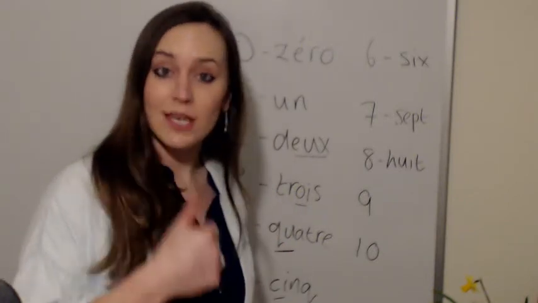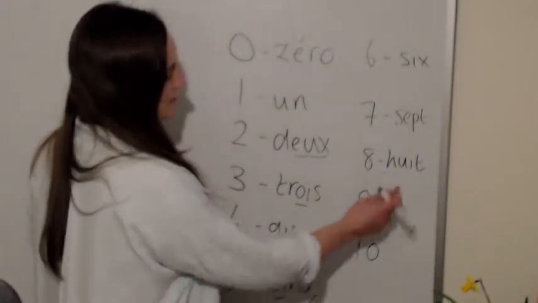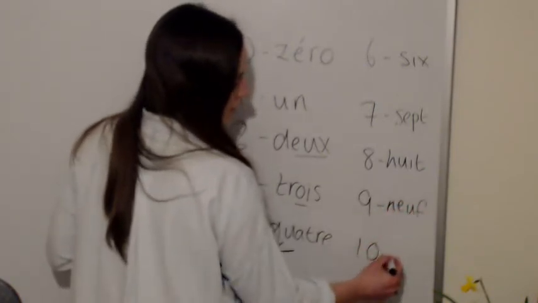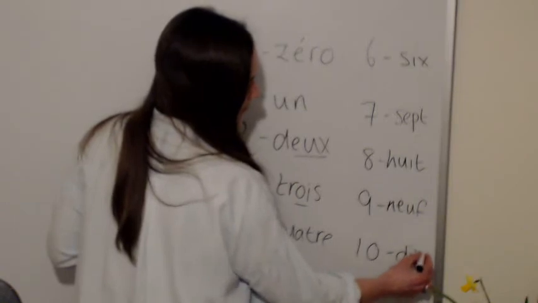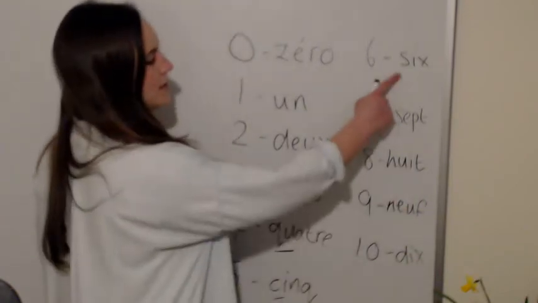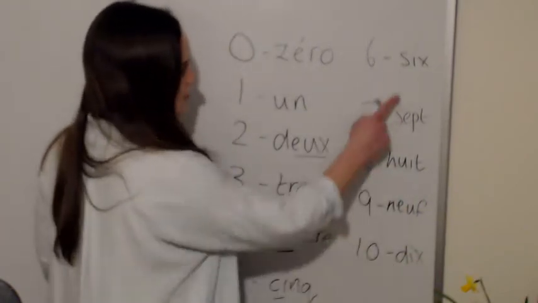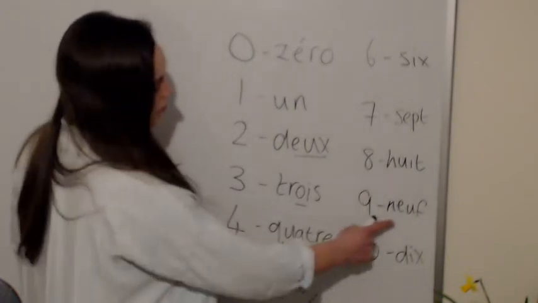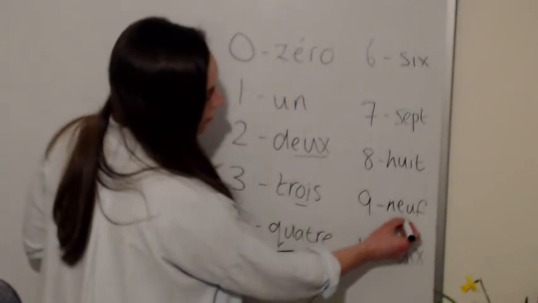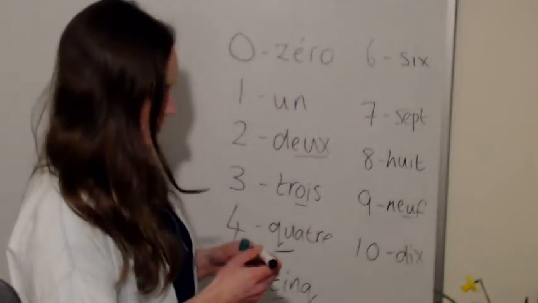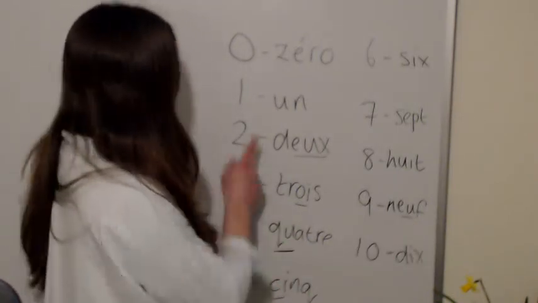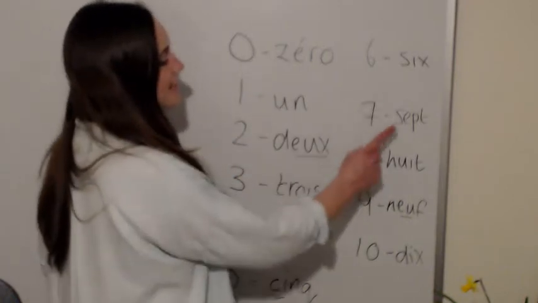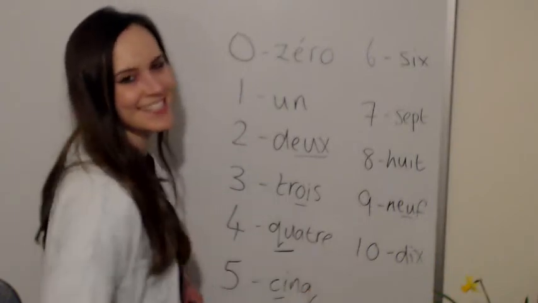O-U-I. Oui. Yes. Huit. 9. 10. 10 is 6. So these two rhyme. 6 and 10. 9. E. You'll see that E sound in lots of different words. So 0, 1, 2, 3, 4, 5, 6, 7, 8, 9 et 10.